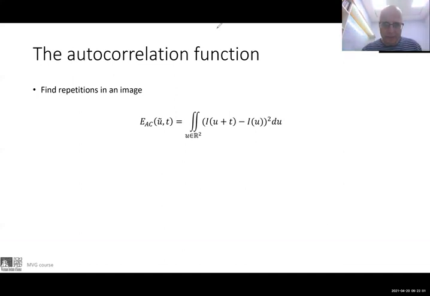You take the image I(u) and you shift it by some amount t, some vector t. Now you simply take a square difference between the two copies of the image. That is supposed to find a repetition. So if there are symmetries in the image, you're supposed to get a minimum when I(u+t) coincides with I(u).